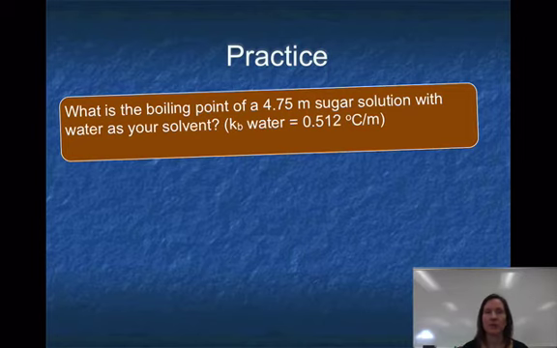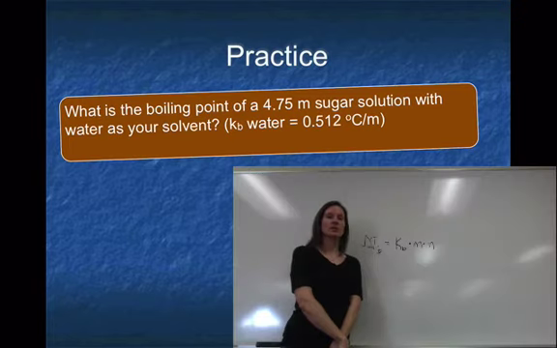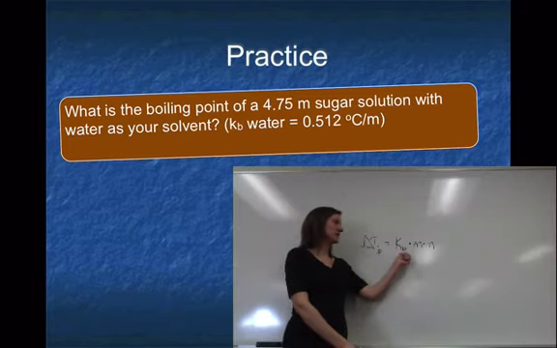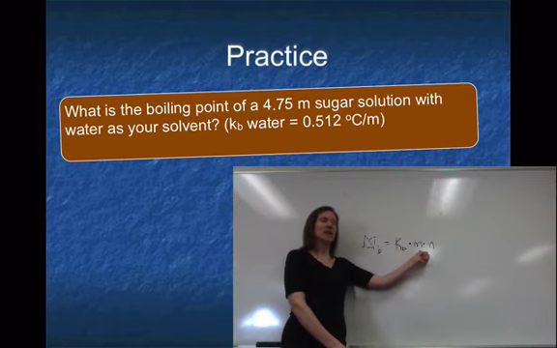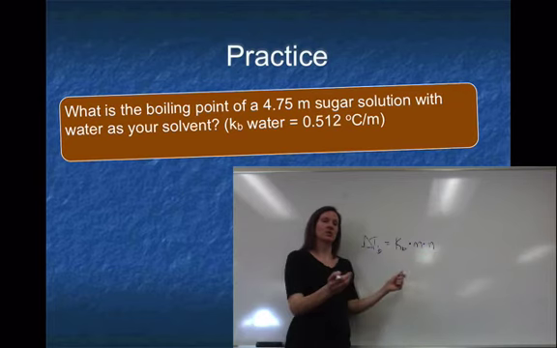So here's an example problem: what's the boiling point when I have a 4.75 molal sugar solution when water is my solvent? I'm dealing with the boiling point of water, and I'm dealing with boiling point elevation. So my change in boiling point will be calculated by taking a constant times my molality times the number of particles that the solute will dissociate into.